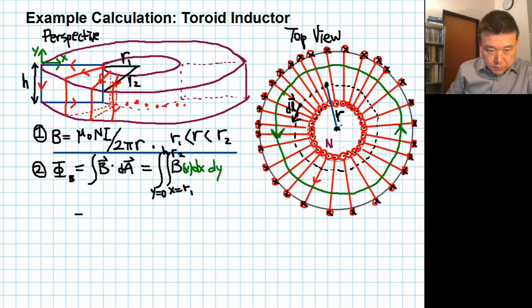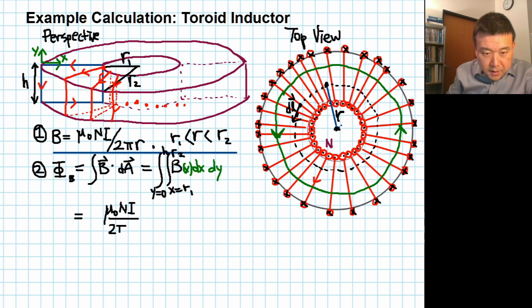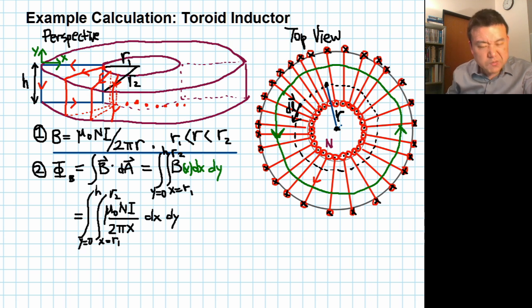This is equal to the magnetic field in terms of x, mu naught Ni over 2 pi x, integrated in terms of x and y, with the x going from r1 to r2 and the y going from 0 to h. Seems like an easy enough integral.